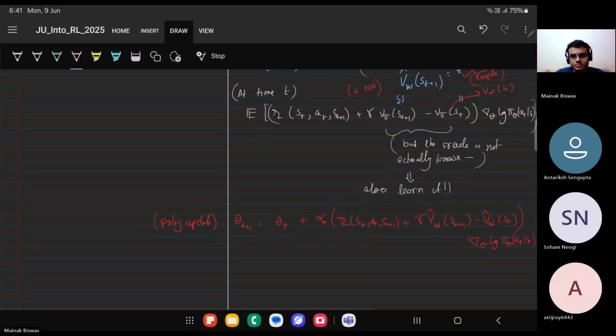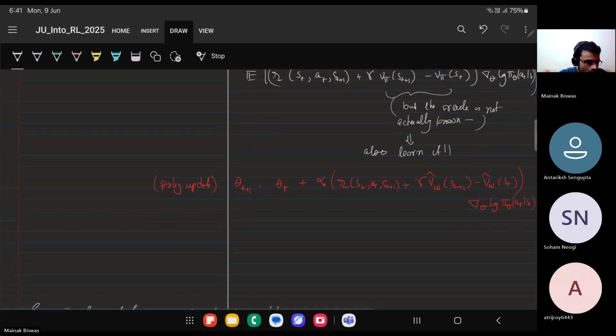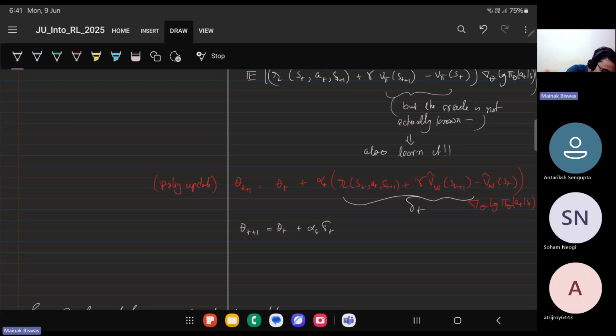Clear? Now, once I know this, I can write this as delta t at time t and simplify this as theta t plus 1 equals theta t plus alpha t delta t times the gradient of log of pi theta. This is my policy update.